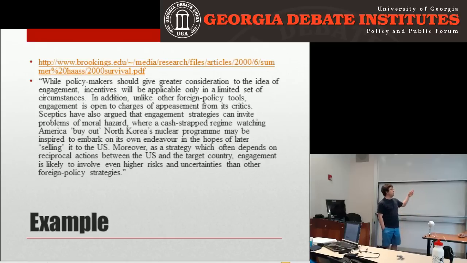It says that engagement sends a signal of appeasement, which other countries might take advantage of, and the second half says that people will just pocket the engagement and not do anything to change their government, right? And so that's largely the necessity for a containment strategy. But that depends largely on the specific gaps.